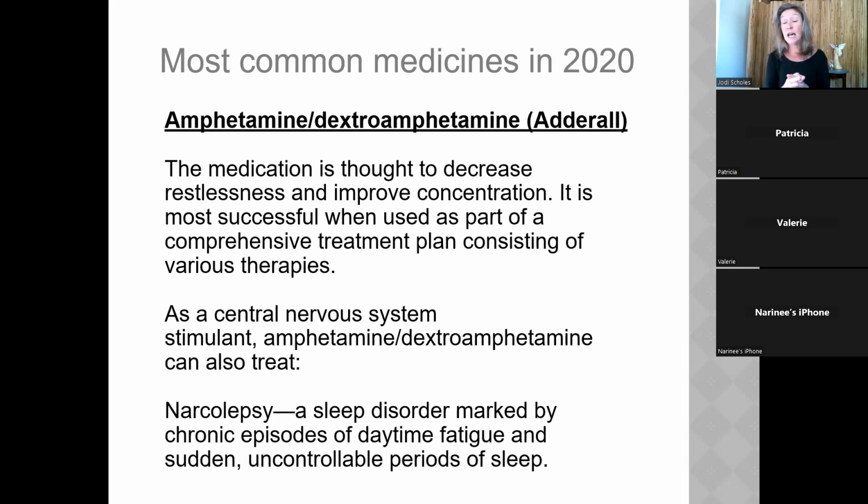The other prescription that is sometimes given for ADHD is Ritalin. That's another brand name, Ritalin. But the generic is amphetamine, dextroamphetamine, and it's being used to treat usually young adults with ADHD.